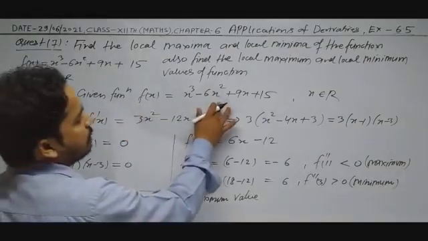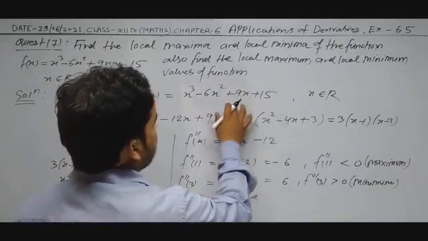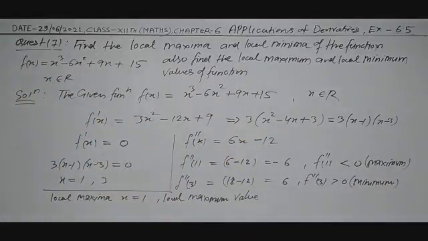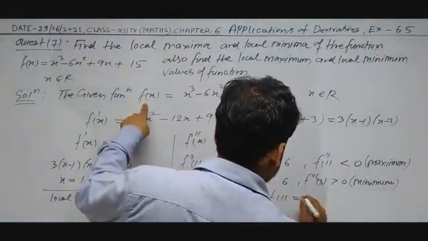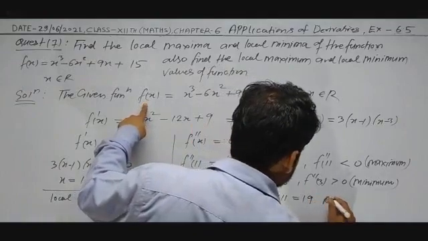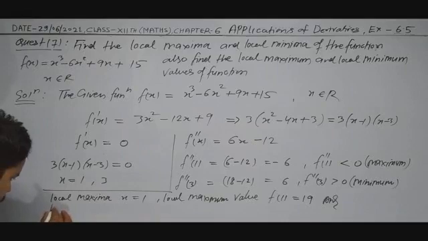So 1 minus 6 minus 5 and plus 15, 10 or plus 9, that result goes to 19. So f of 1 result you will get 19. This is the answer.